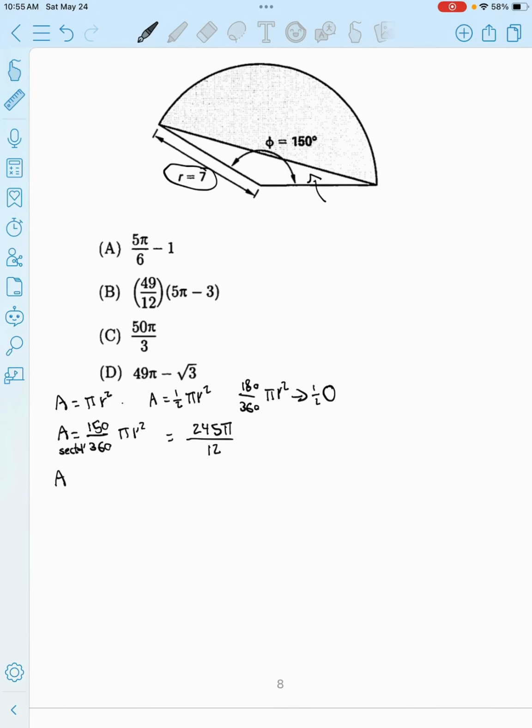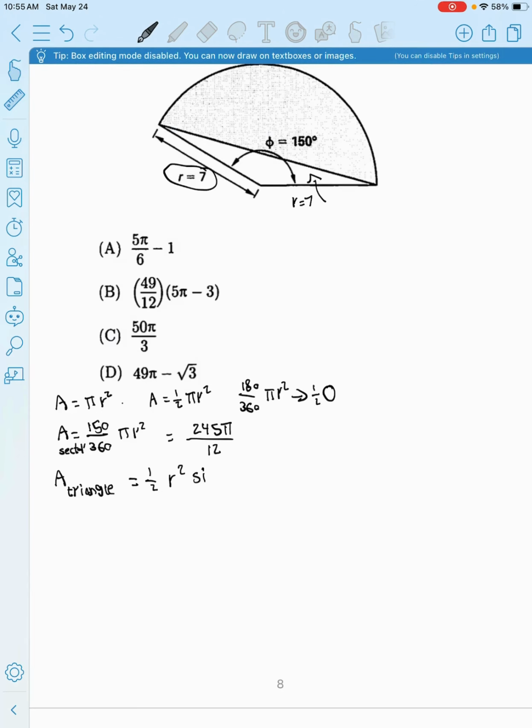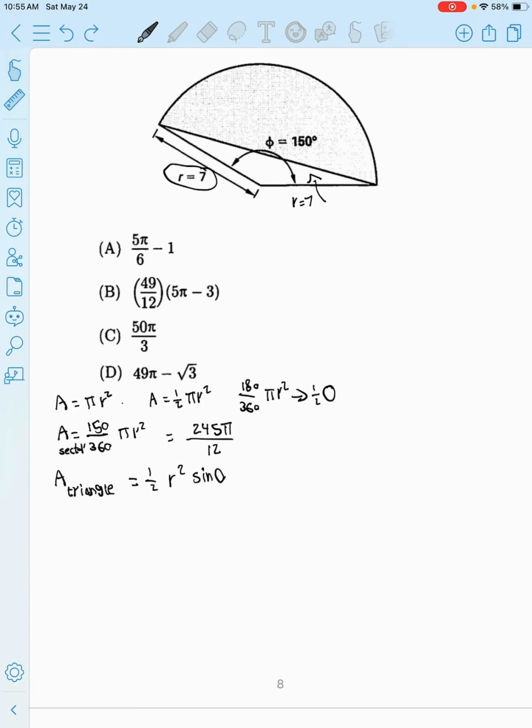We know the area of a triangle: for an isosceles triangle like this, with r equal to 7, the area is half r squared sine theta, where theta is the angle between the two radii. So it's half times 7 squared multiplied by sine 150.